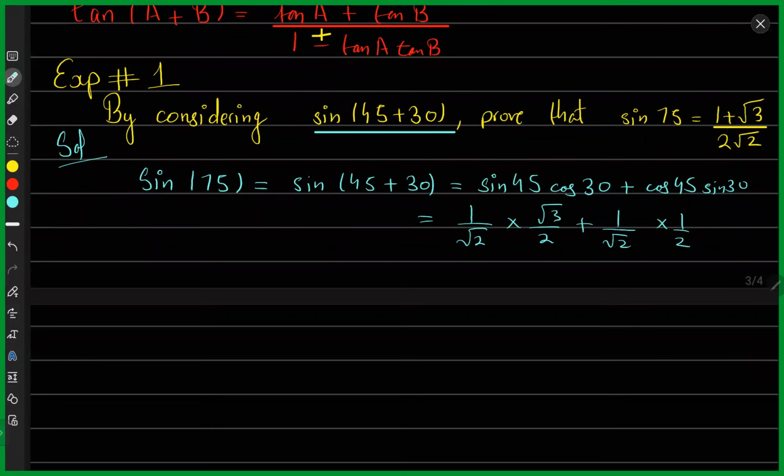The denominators are same, so I can write it as sine 75 is equal to 1 plus root 3 by 2 root 2. This is going to be the answer.